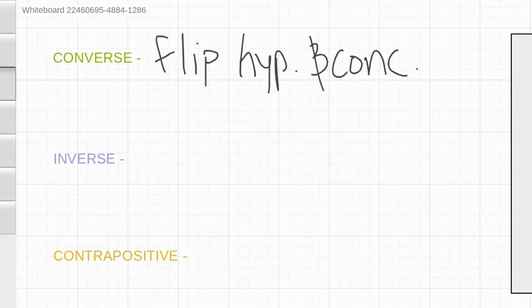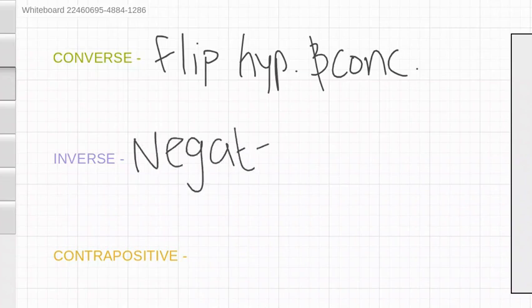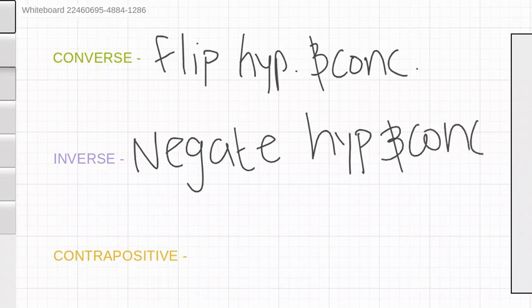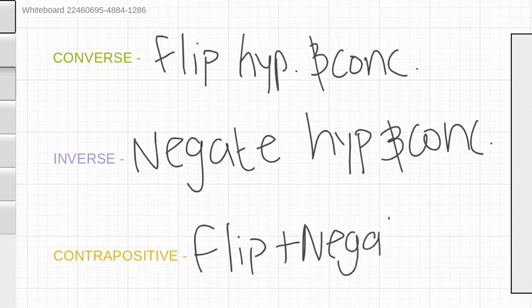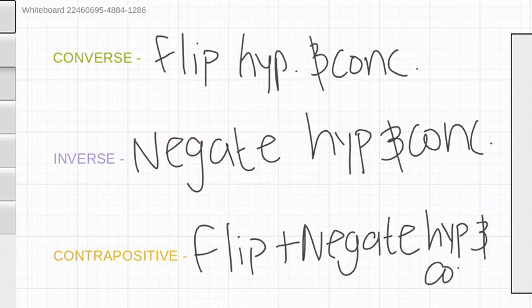For the inverse, we want to negate the hypothesis and conclusion. And for the contrapositive, we want to do both of those things. So we want to flip plus negate the hypothesis and conclusion. So this does take practice, but it's super easy once you learn.